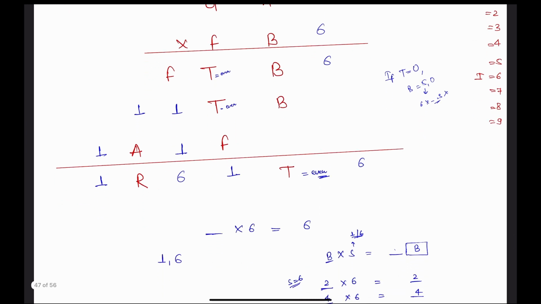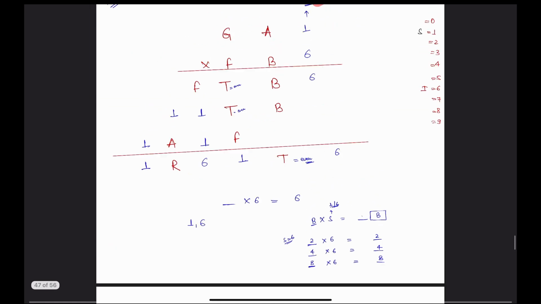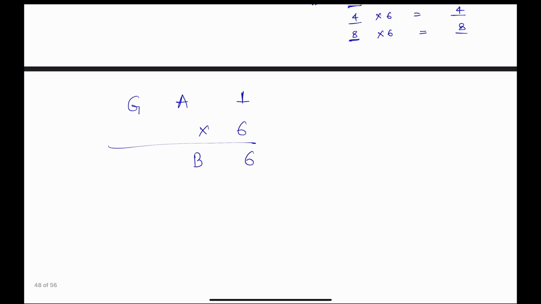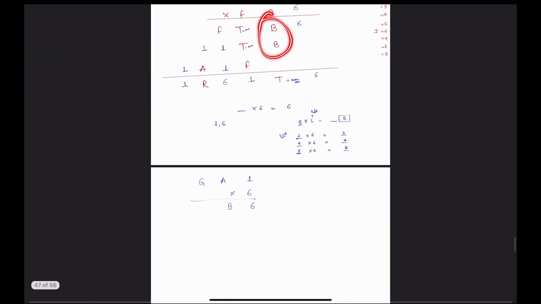So if I say like this, it's actually A times 6, right? And what I am getting over here is B. And what more is there? This part.